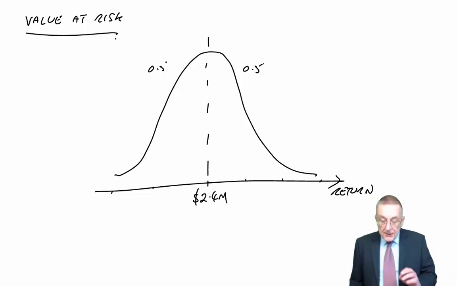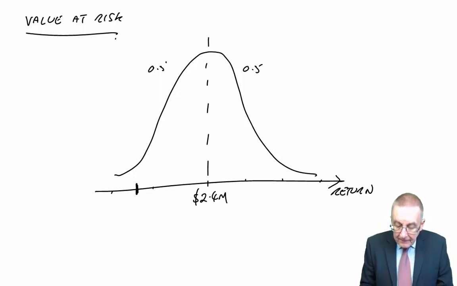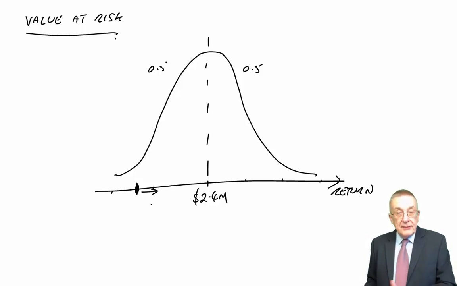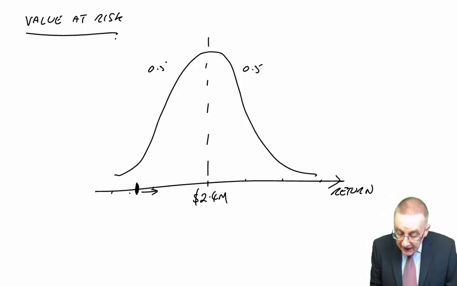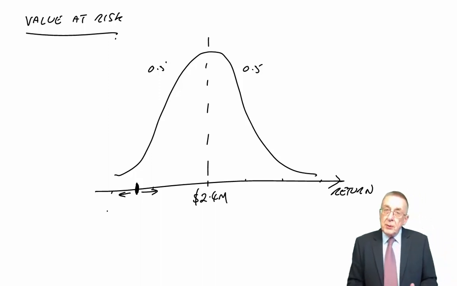We're going to set a bottom limit, such that the chance of it being above that limit is 95% or 0.95, and the chance of it being below that limit is therefore 5% or 0.05.